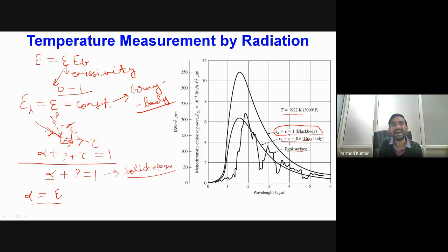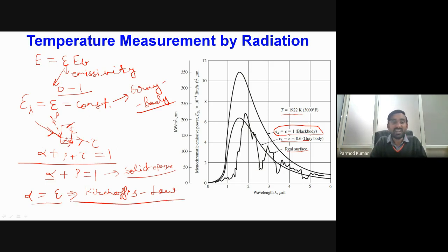So whatever radiation this surface is emitting, the same amount it is receiving from the surroundings. With this energy balance, the emissivity of the surface will be exactly equal to the absorption capacity of the surface. This is given by Kirchhoff's law.